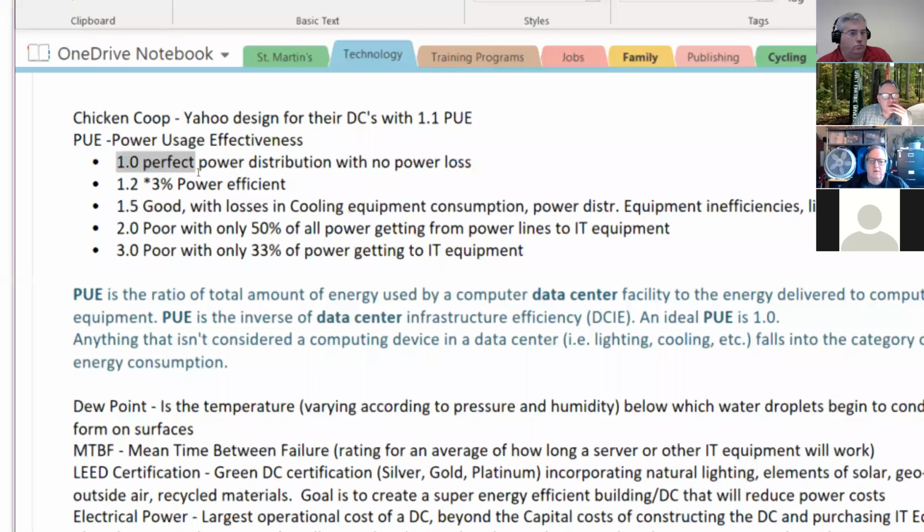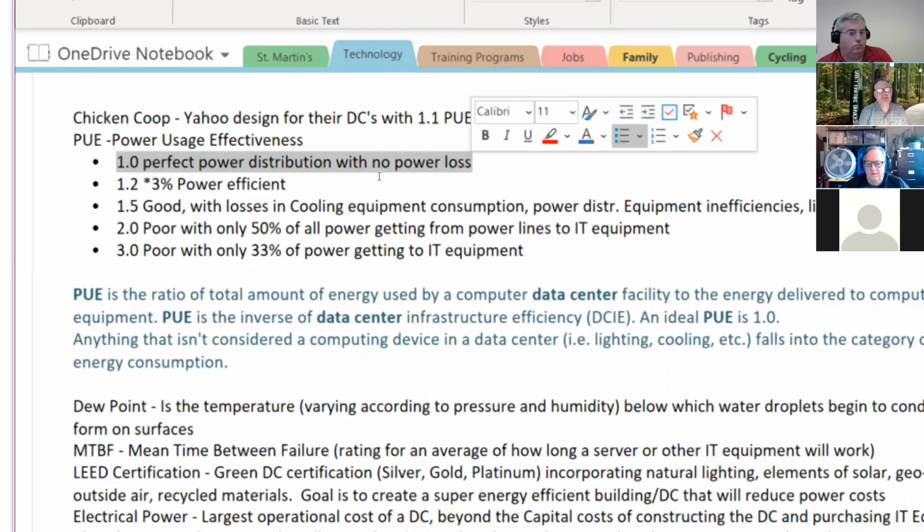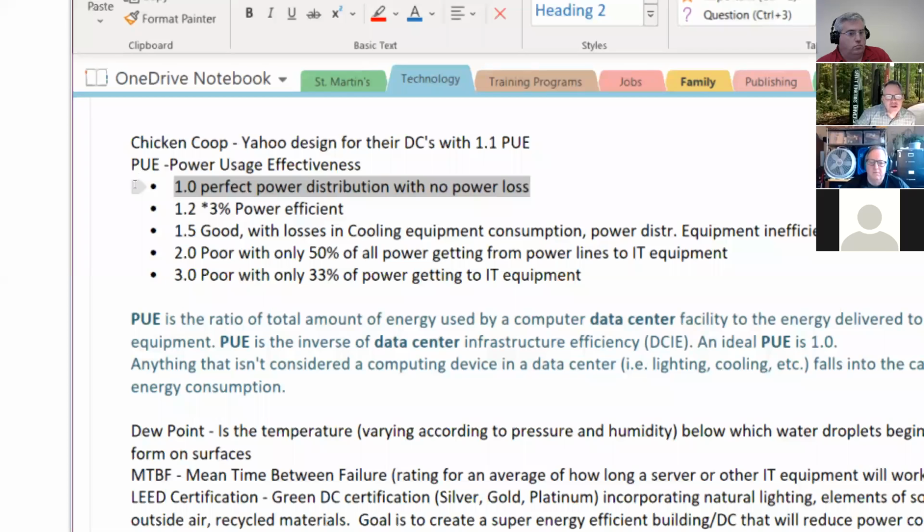1.0 is perfect power distribution, no power loss. That is theoretical. That's never going to happen, but you can get very close to 1.0. You can get a 1.1 or 1.2.